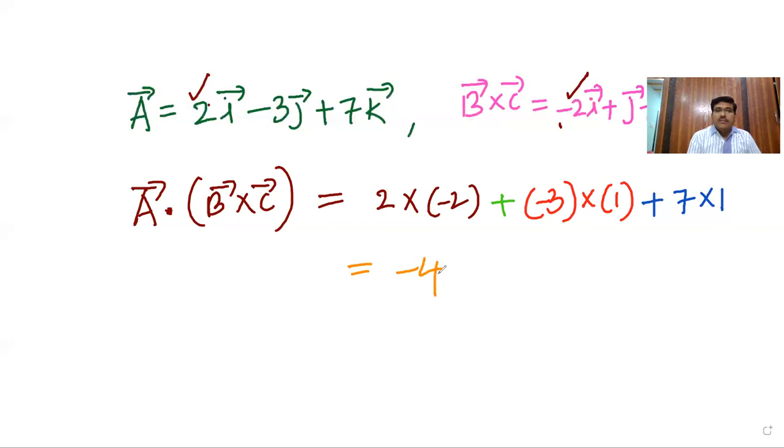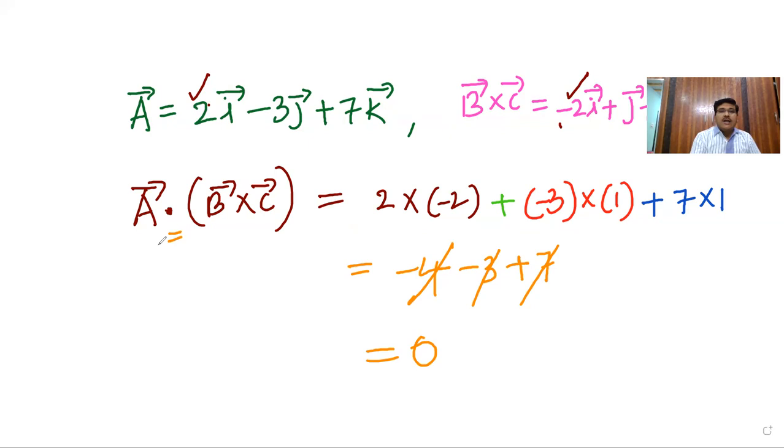On simplification, -4, -3 plus 7. So it becomes 0. A bar dot, okay.